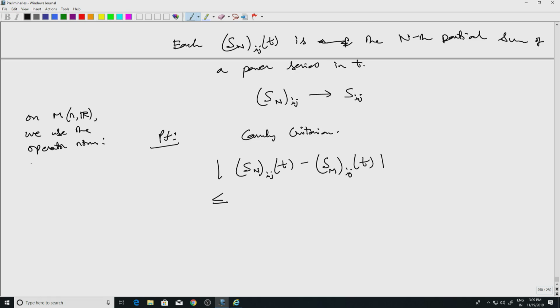So the norm of a matrix I'll define to be the sup of norm AV, where V is not equal to 0. This turns out to be equivalent to the Euclidean norm.